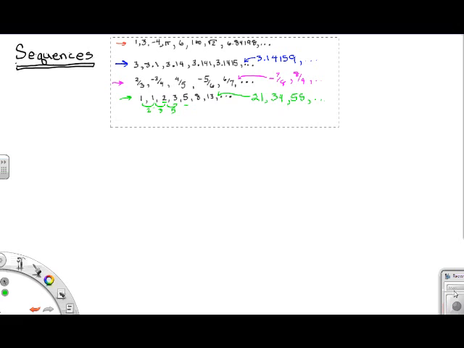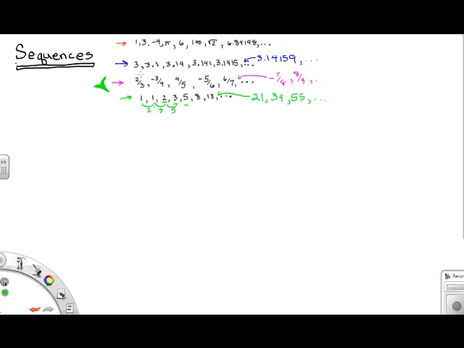Okay, now in calculus, a lot of the sequences we're going to be dealing with are ones like this pink one here. This one is defined by a formula, actually. If I asked you what the 500th term of the sequence was, could you tell me? You might be able to guess.